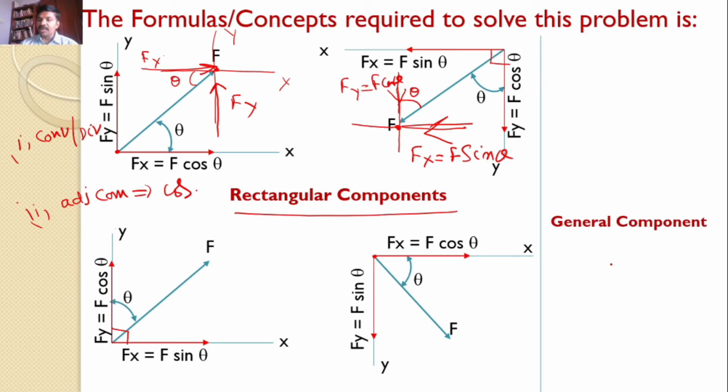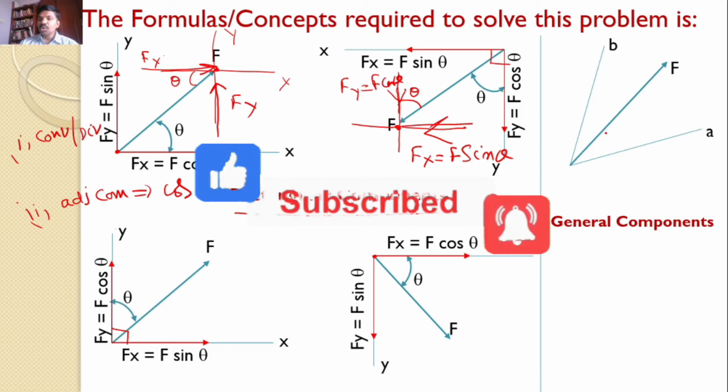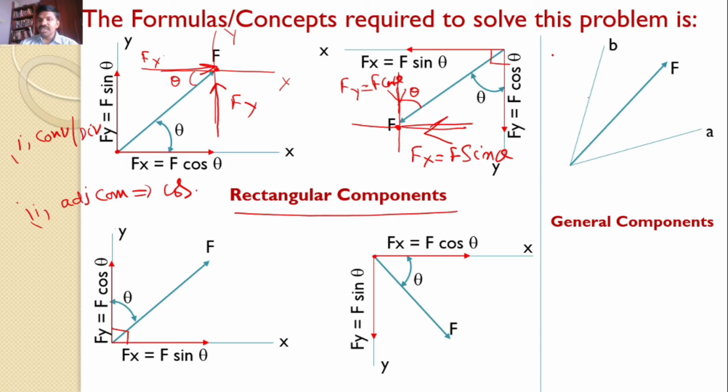Similarly, we have general components. What do you mean by general components? A force F can be resolved into two components, and if the angle between those two components is not equal to 90 degrees, then such types of components are known as general components.